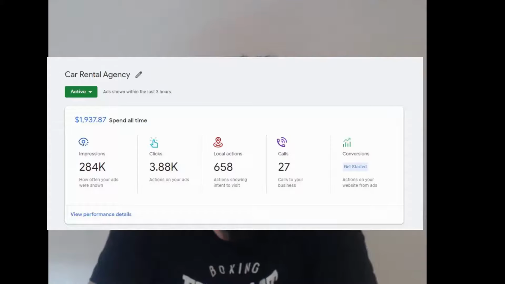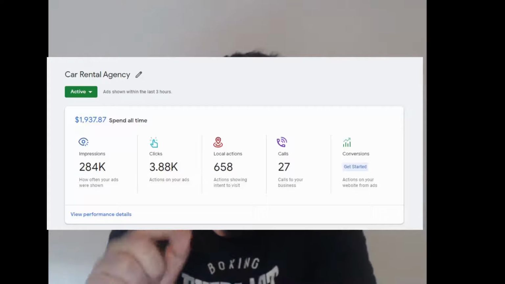Now the Smart campaign, you can optimize by two objectives. The first one is by calls, people calling to rent a car or to buy a car, or people actually asking for directions to go to the business. When the ad shows, there is an option that allows you to see the route to the physical location, and pretty much you're optimizing via the clicks of how many users push that button to visit you directly.